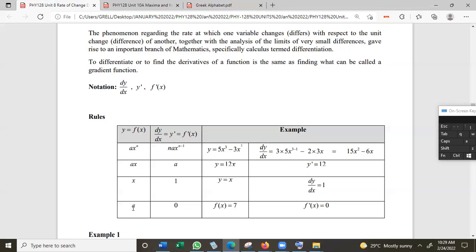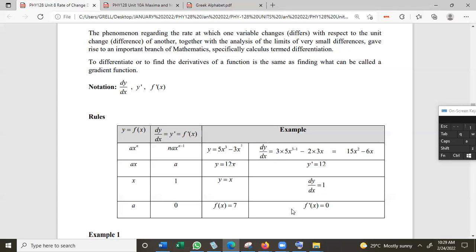If you have a constant, a number, the gradient is 0, because a constant will give you a horizontal line, as we'll see later on. So let's say f of x is equal to 7. Represented graphically, you're going to have a horizontal line. The gradient of a horizontal line is 0. The gradient of 7 is 0 because there is no change in y.